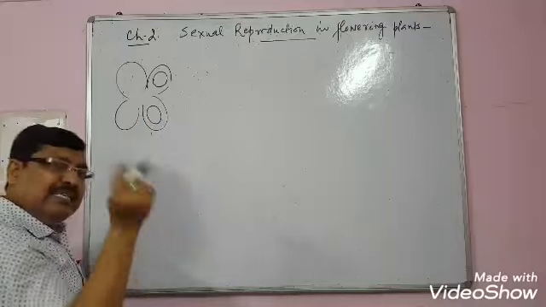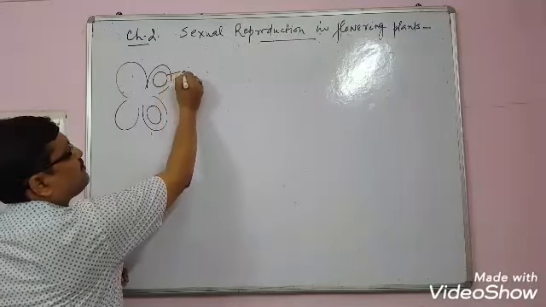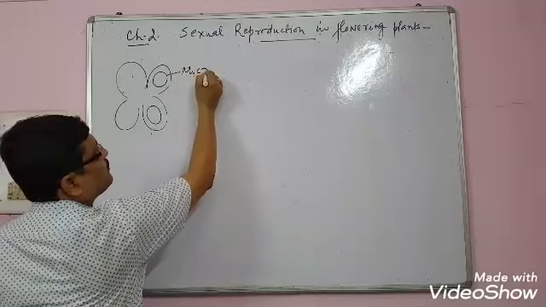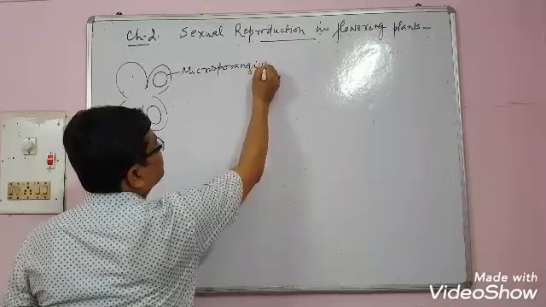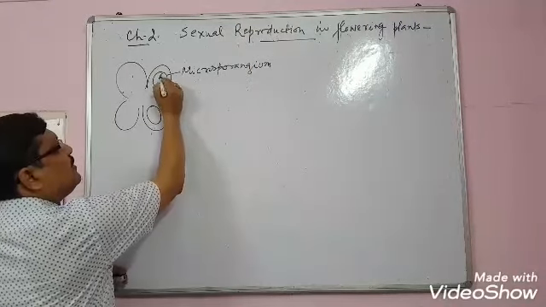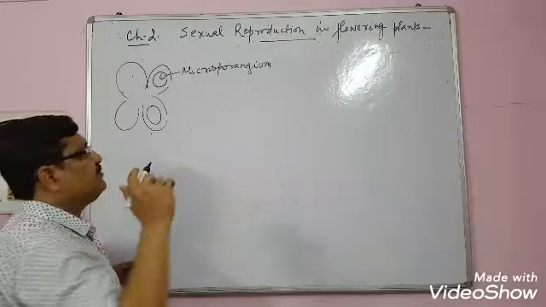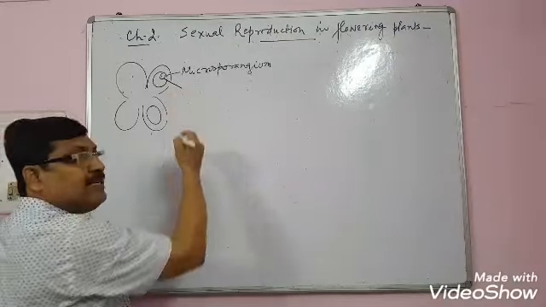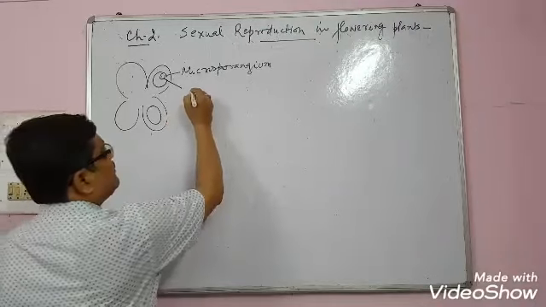Initially in each microsporangium a single well-celled potent cell develops, and this is called the archesporial cell.